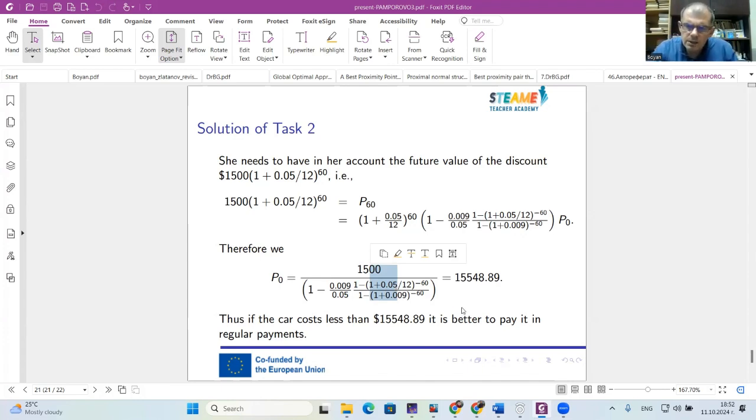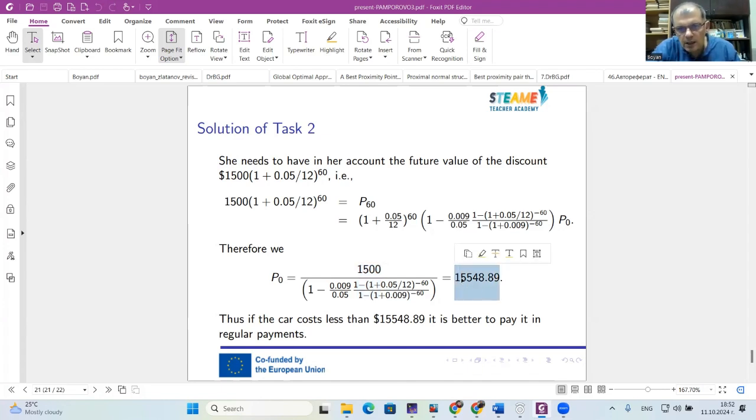And the result is the following. If the car is less than this amount, $15,000, then it is better to buy the car and pay it once in the buying, because you will have a 150 discount and it will cost 13,000.